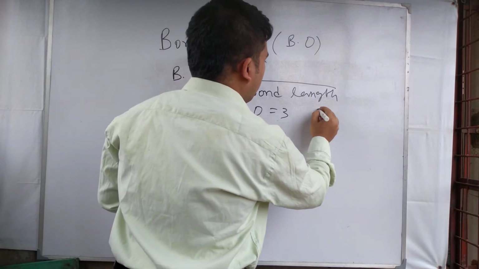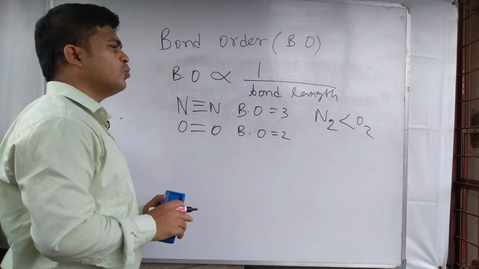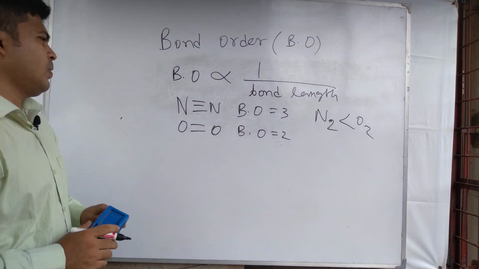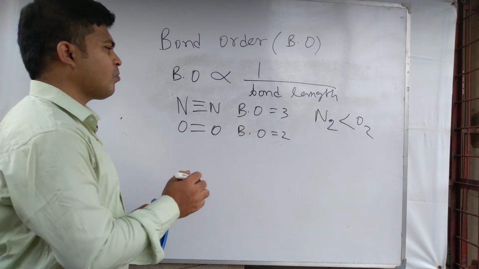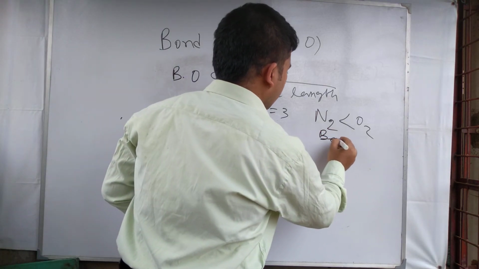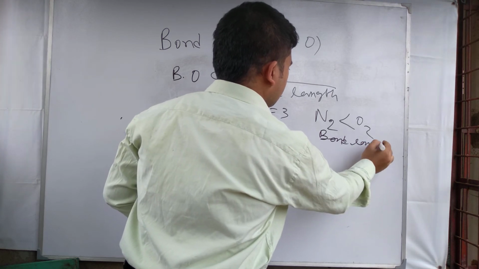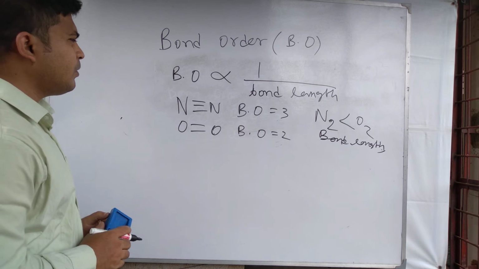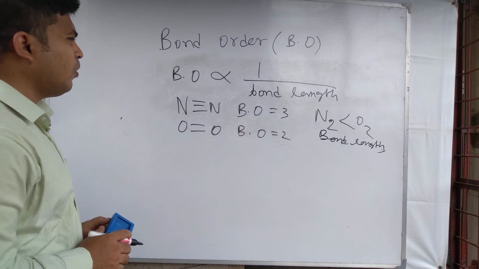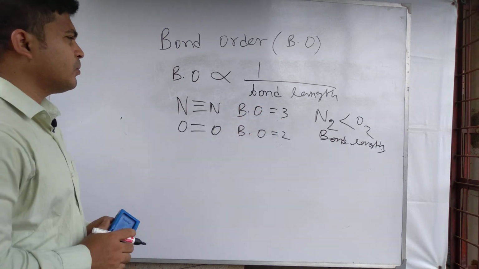So the bond length in N2 is less than the bond length in O2. Bond length is dependent on the bond order. Higher bond order means shorter bond length.